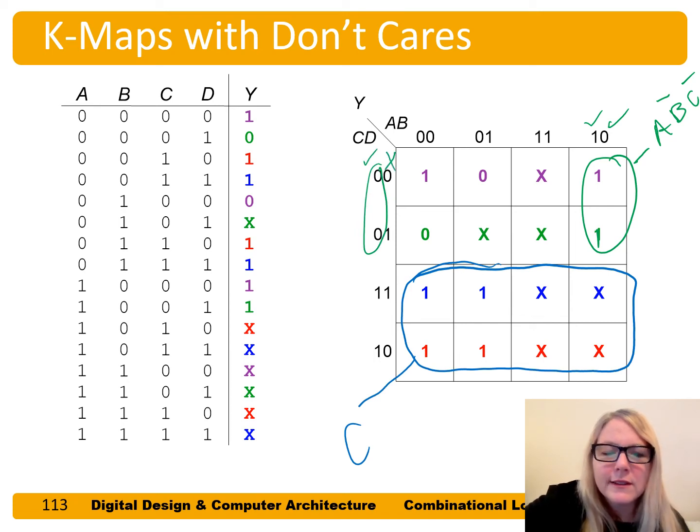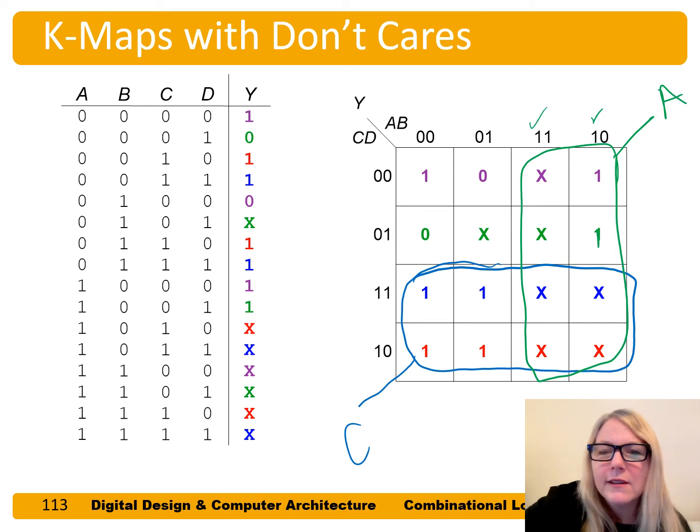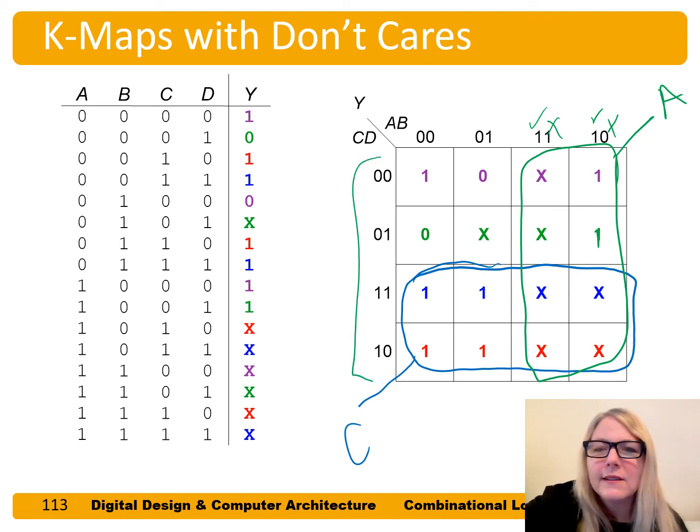D wouldn't have been included because true and complement form is covered in that circle. But instead of having an implicant that has 3 terms, if we use don't cares, now our implicant is just A. We have the true form of A included in that circle, B has both forms included, and all possible forms of C and D. So we only include A in our implicant.